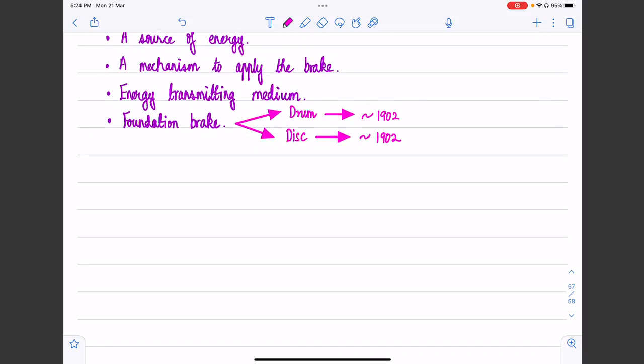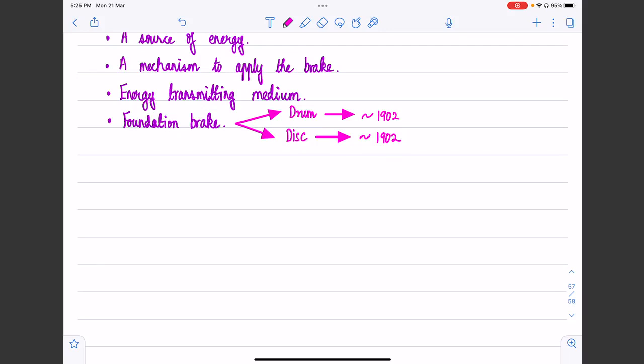Whereas the disc brake was invented in Britain, where there were severe restrictions on automotive development at the turn of the 20th century, which may be very strange to know. In those days, horse-driven carriages and steam-driven locomotives and trains were dominating the transportation sector in Britain. So there was a strong lobby against road vehicles, automobiles, and that stunted the development of automobiles.